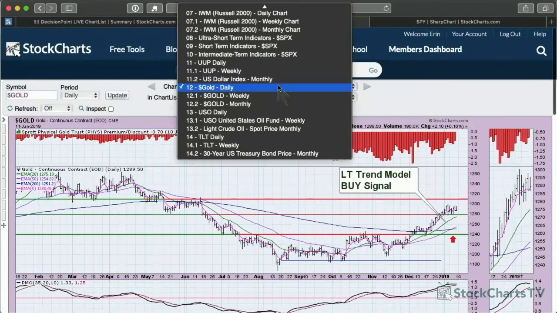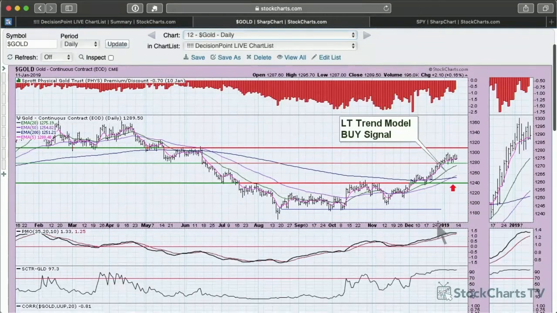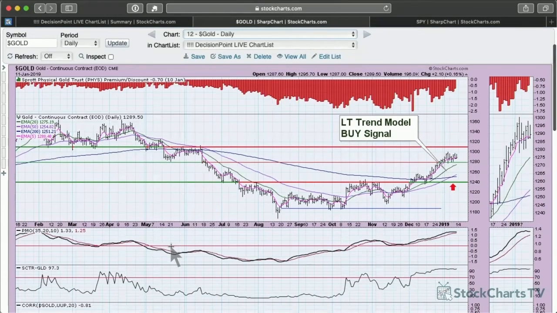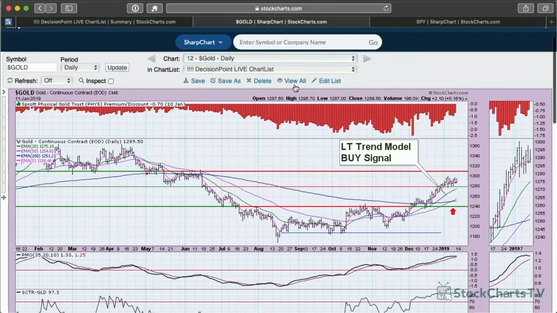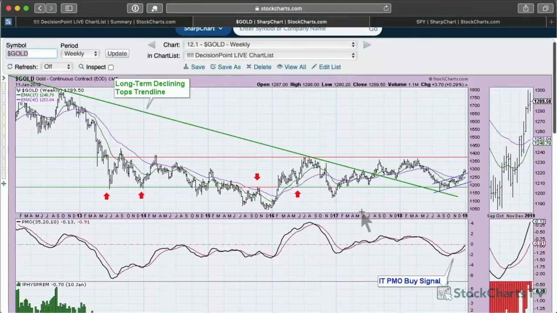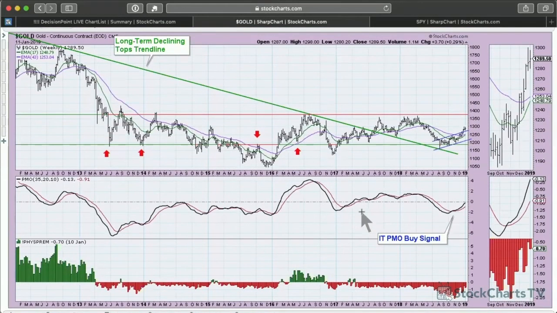Yeah, that PMO top is a problem, but price action has been pretty good lately. I think worst case is probably consolidation. But of course, if we get that breakdown below 1280, I'll change my tune a little bit.